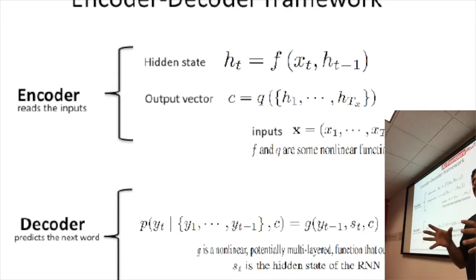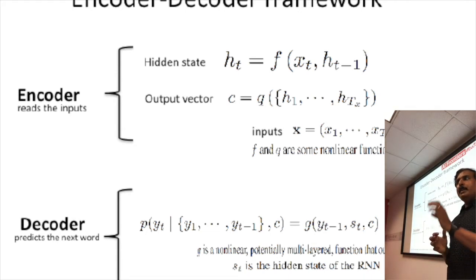The primary output of an LSTM, actually an LSTM has 2 outputs. The primary output for our type of problems, like question answering or summarization, is the hidden state. That's one of the outputs of an LSTM. So the hidden state of the encoder at timestamp t is computed based on the current input.